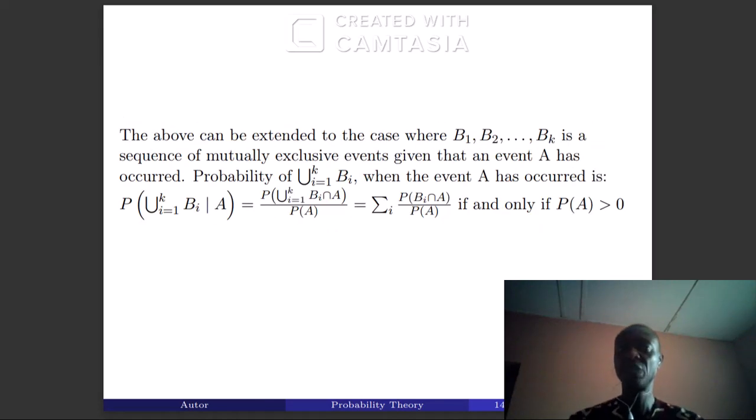The above can be extended to the case where we have many events B1, B2 that we want to determine. We call it a sequence of mutually exclusive events, given that an event A has occurred.